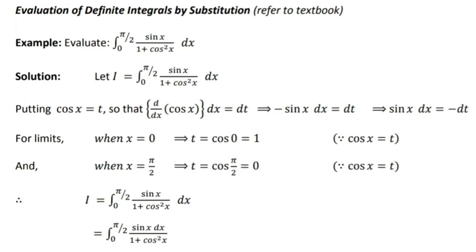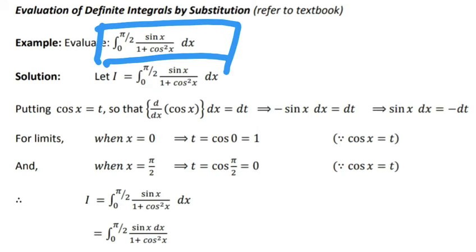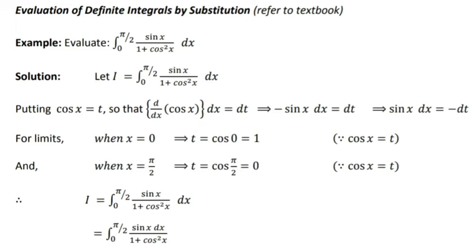So the area under the curve shown to you, which is in blue color, is actually the integral from 0 to pi by 2 of the function sine x upon 1 plus cos square x with respect to x, where sine x upon 1 plus cos square x is the function or the curve in geometry, and the limits 0 to pi by 2, they are the real numbers along the x-axis, and so therefore the area under the curve and between 0 to pi by 2 is a definite integral shown to you on the screen.